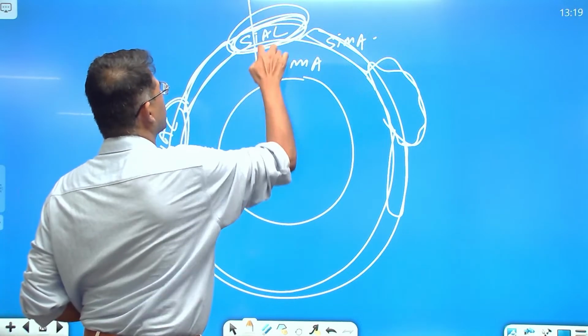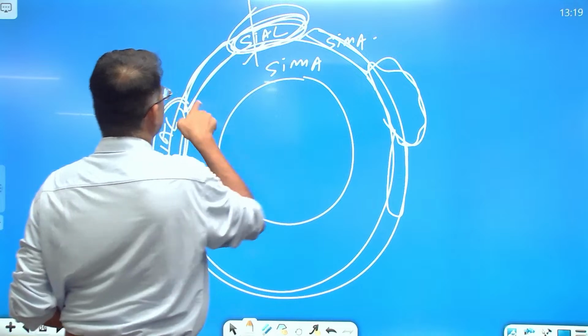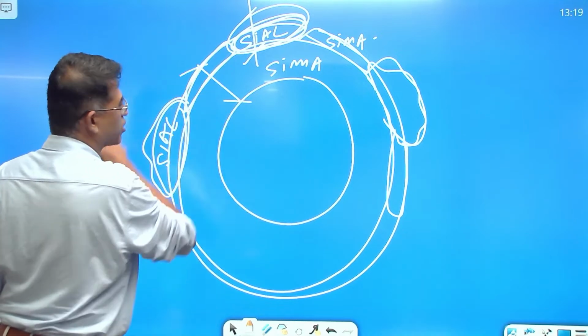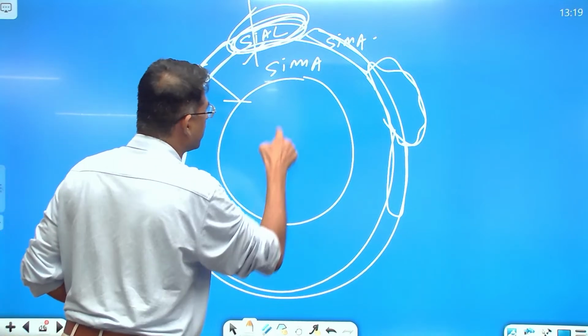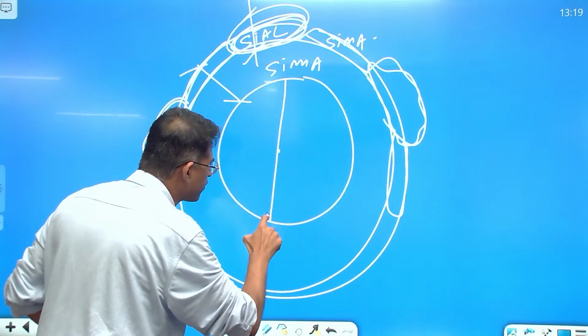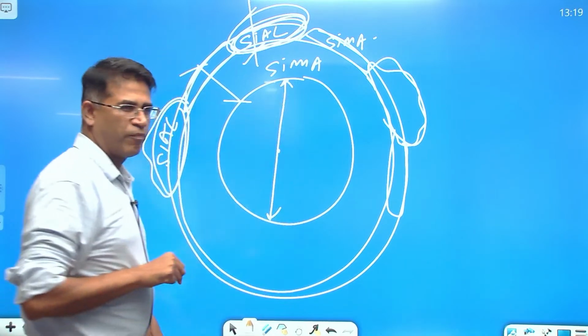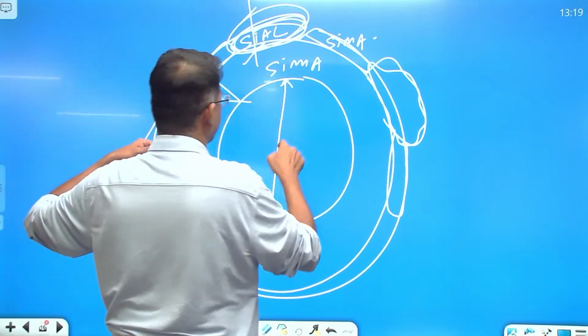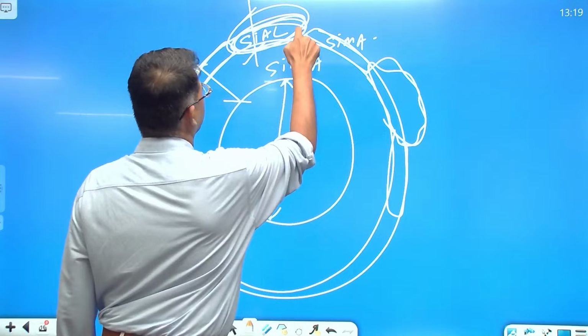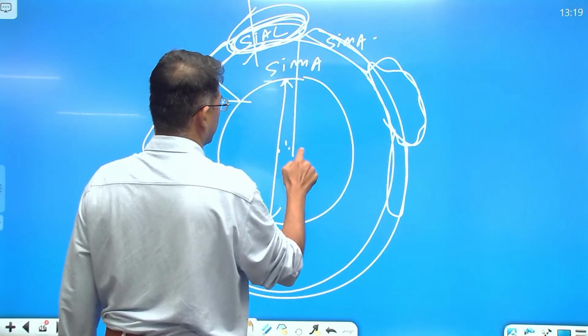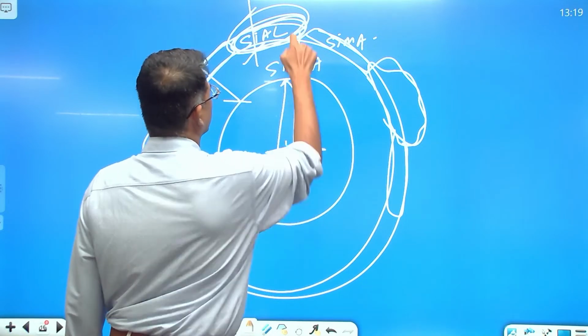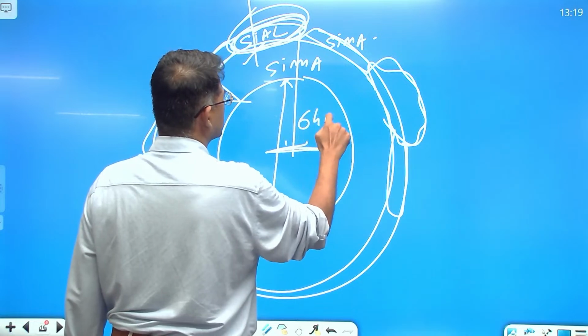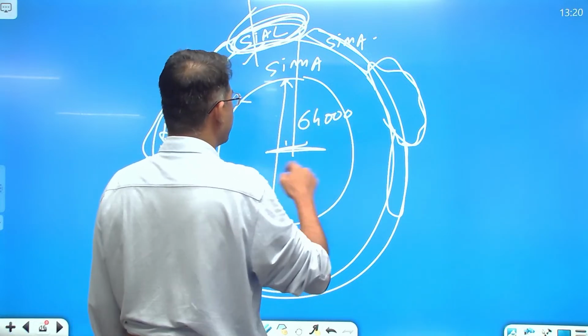The thickness of this he has mentioned. This is the center of Earth. This is the thickness of the core, not the radius alone. If you know this value, what is the radius of Earth? 6400 kilometers.